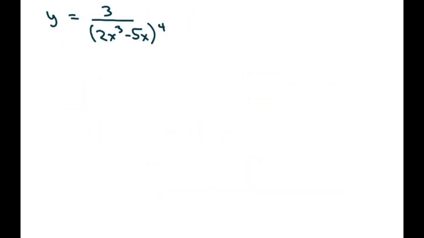Then my last one is this quotient one, which is going to lead into using the quotient property. So my u is going to be this inner function here. U equals 2x cubed minus 5x. Therefore, my y is going to be 3 over u to the 4th.